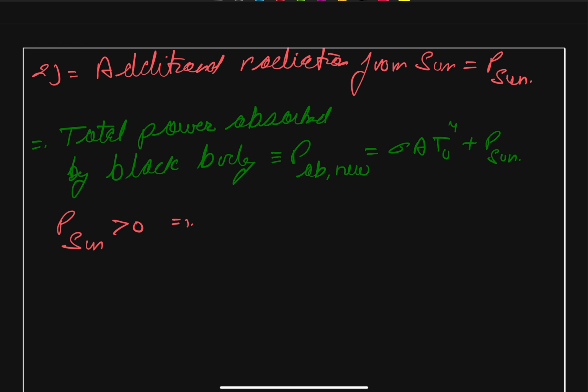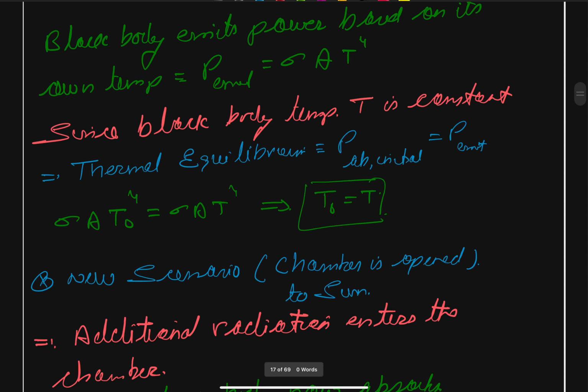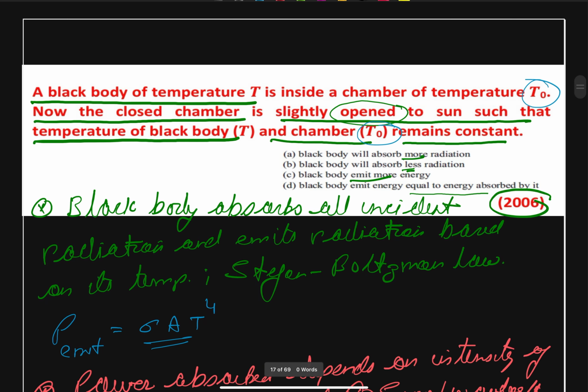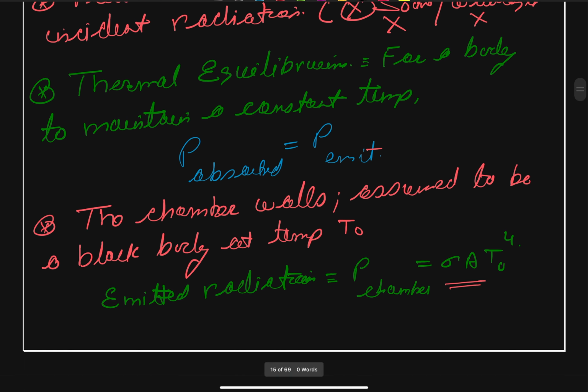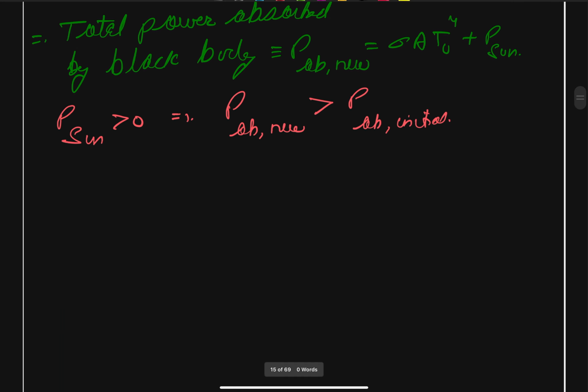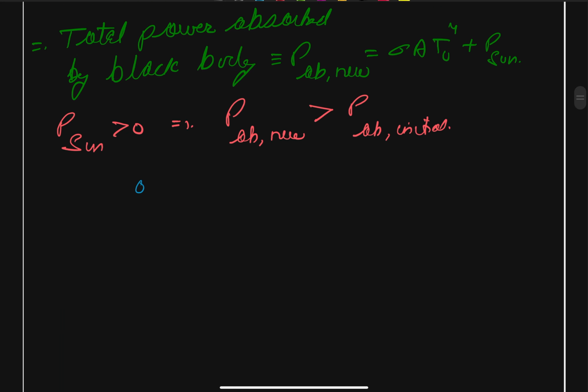Therefore, our power absorbed new will be greater than power absorbed initially. So if we check option A, it will be a correct one because it absorbs more power. So obviously option B is automatically incorrect. So option A is correct.